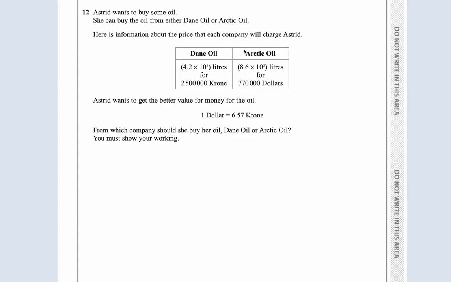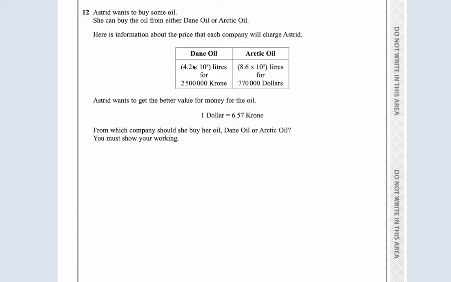Okay, so we need to convert one of them. We need to decide which one you want to convert. We may as well, guys, put everything in dollars because most things in this world are priced in dollars. So let's go with that. You could actually put them both in krone if you wanted.